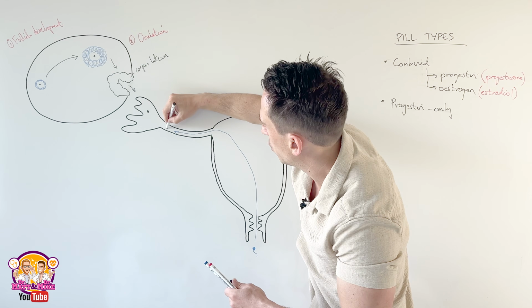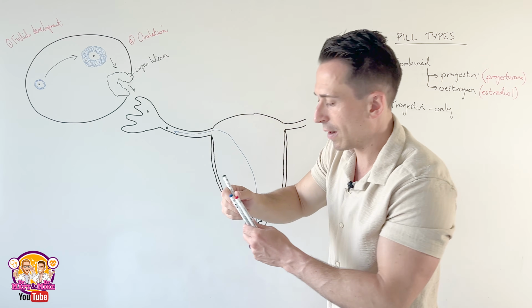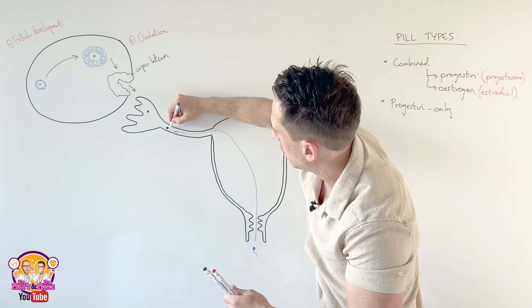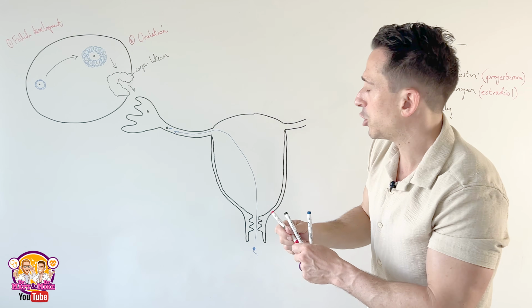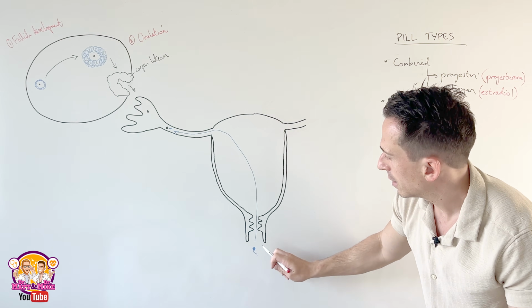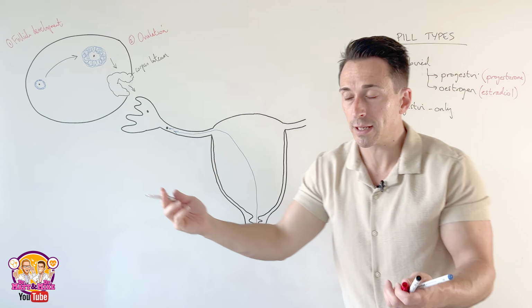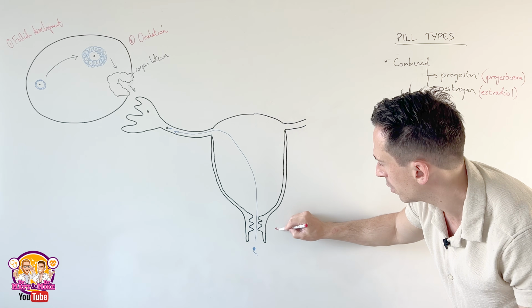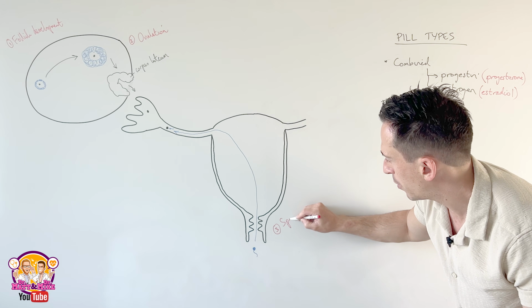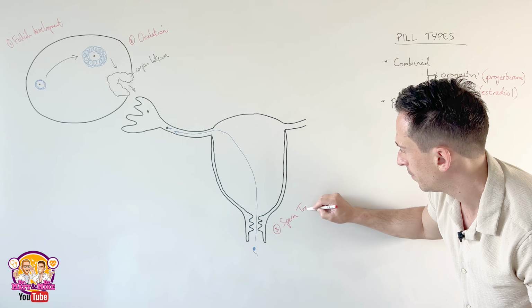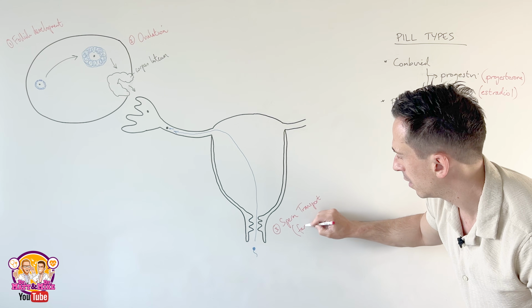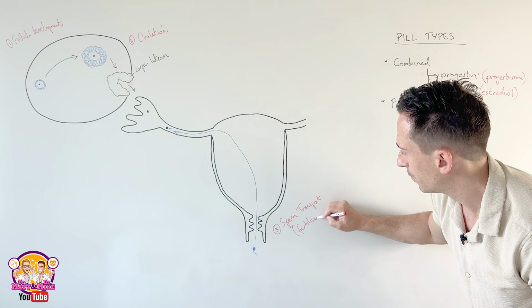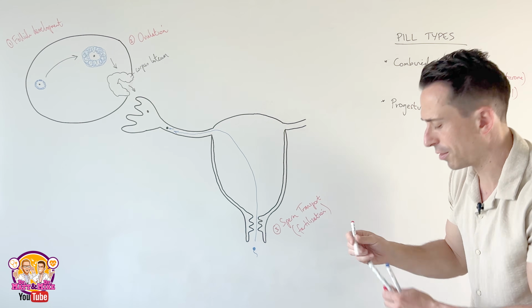So you have the oocyte, and you have the sperm, and you have the third thing that needs to happen, which is fertilization, but sperm needs to transport for fertilization to occur. So let's write down here, the third thing that needs to happen is sperm transport, ultimately resulting in fertilization.